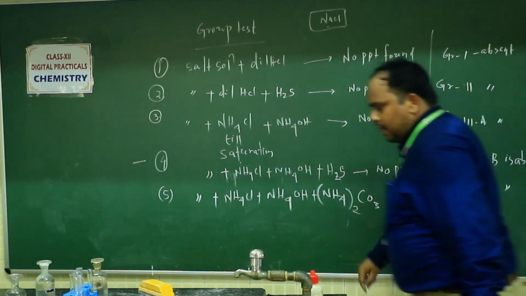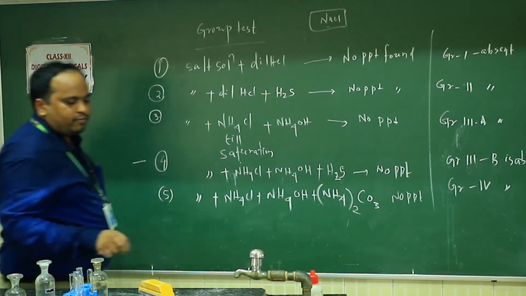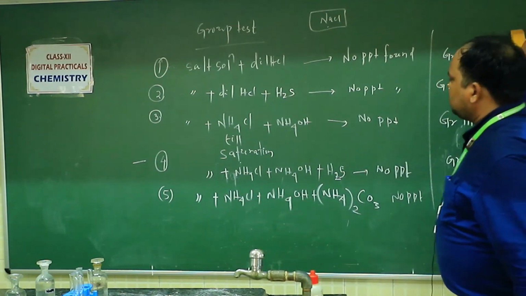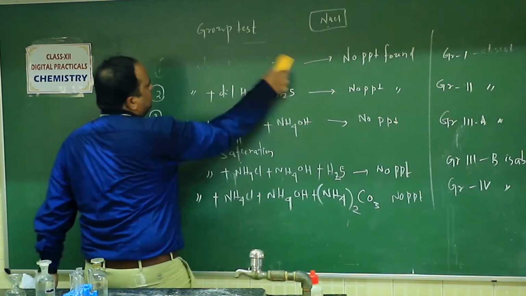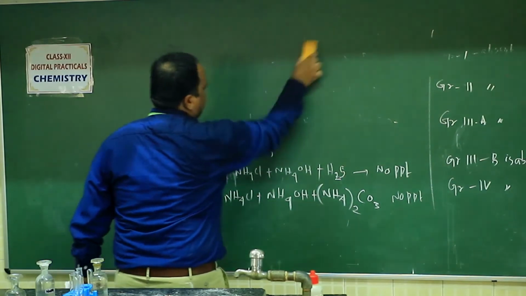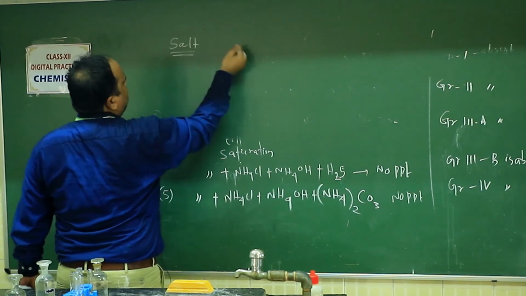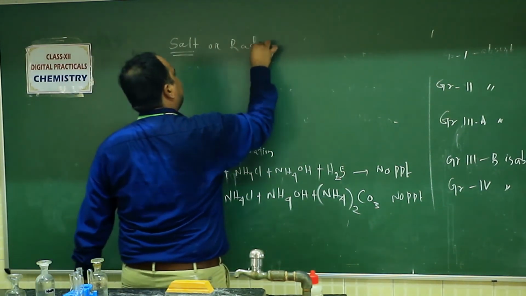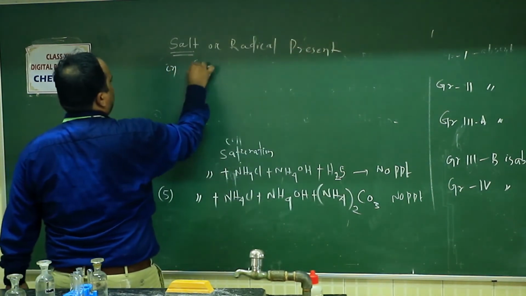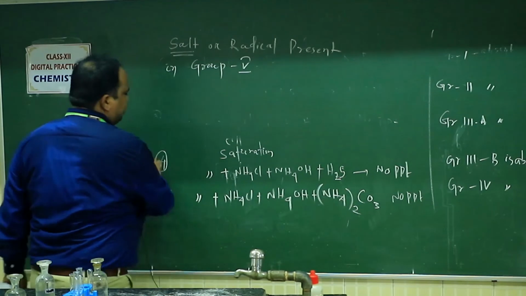If these four are absent, your final conclusion is that it is present in group 5 and you have to do individual tests. So the basic radical present is in group 5, which means you have to do individual tests.